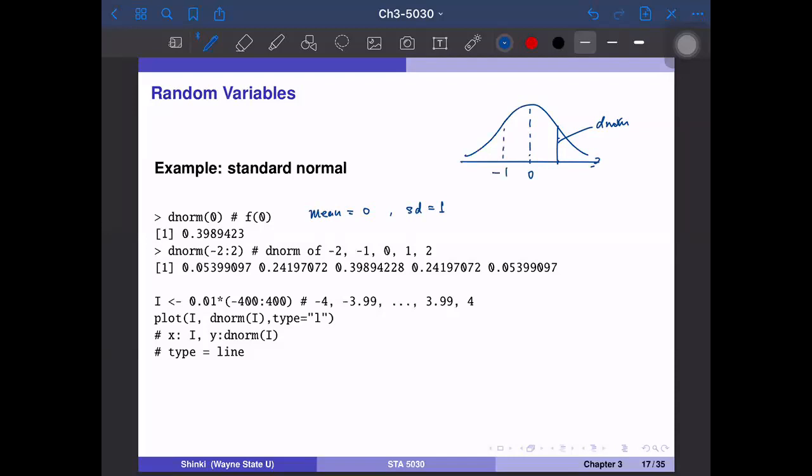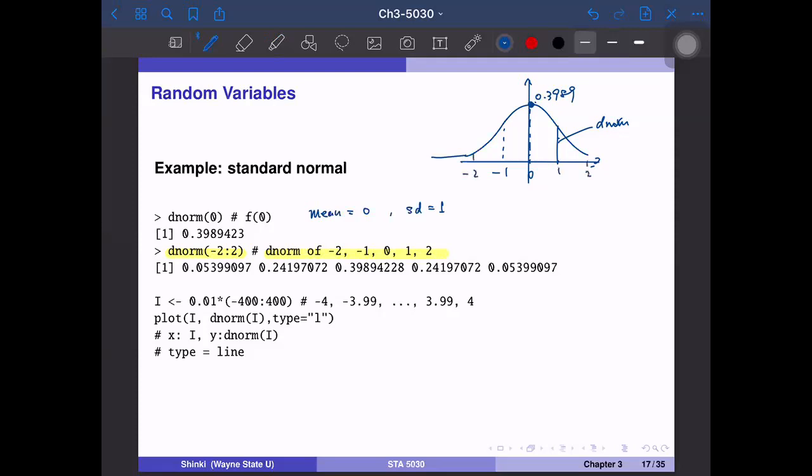So 0 is this value, and this value is about 0.399, so about 0.4. And if we type dnorm of -2 to +2, that is dnorm of -2, -1, 0, 1, 2, then we can get the numbers here, here, here, and here.